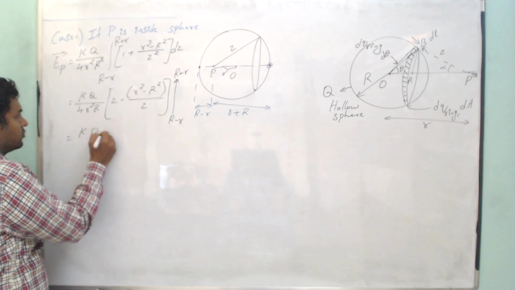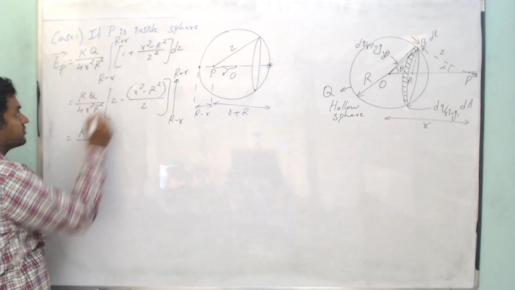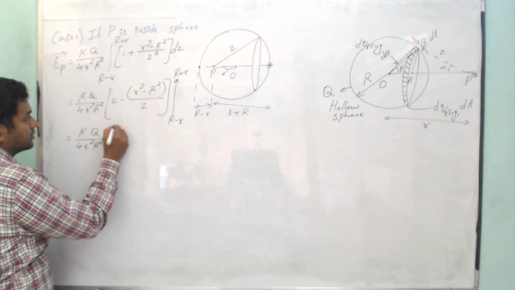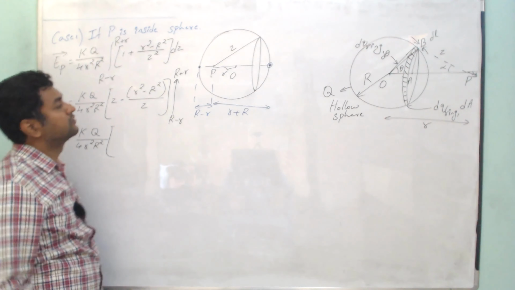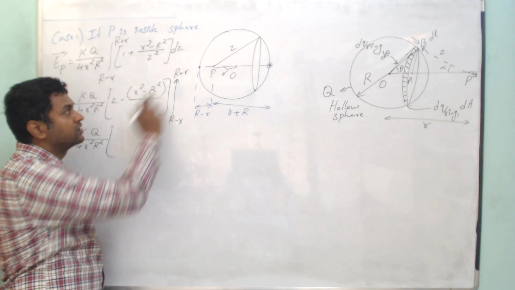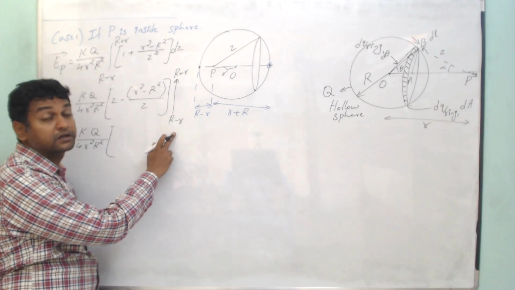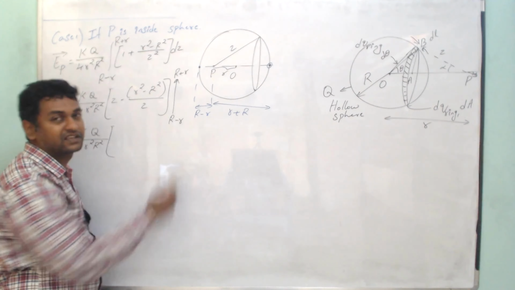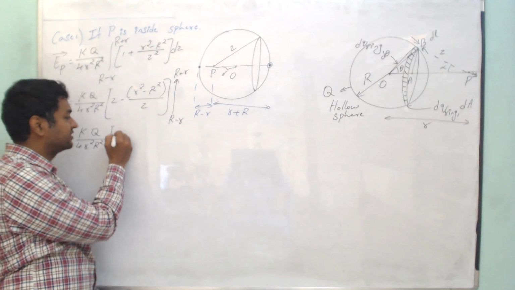K capital Q by 4 r square capital R square. First term, upper limit minus lower limit: R plus r minus R minus r will give me 2r.